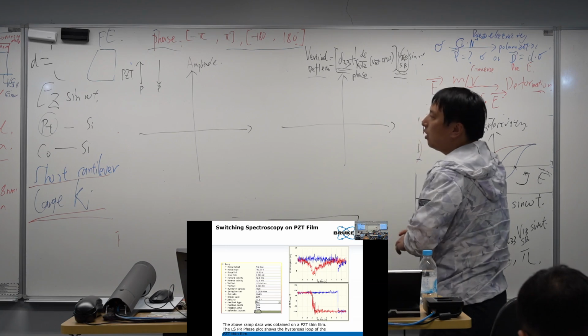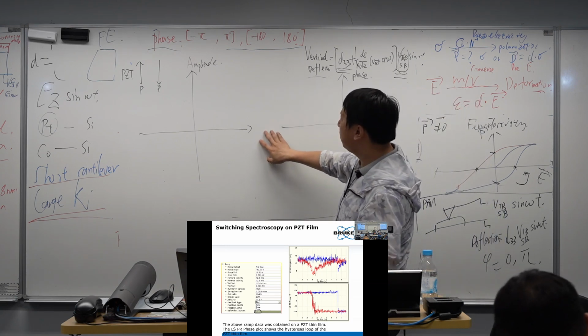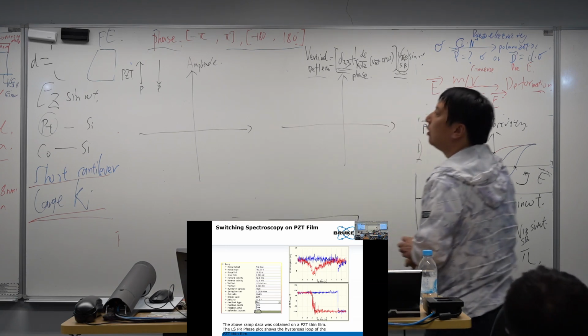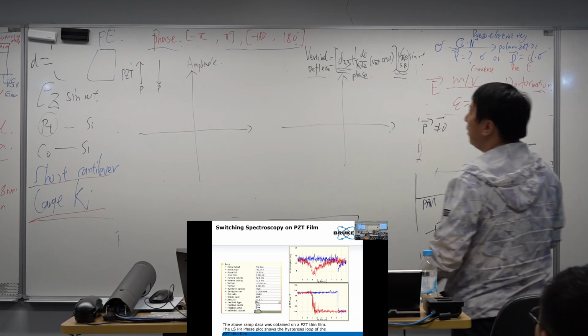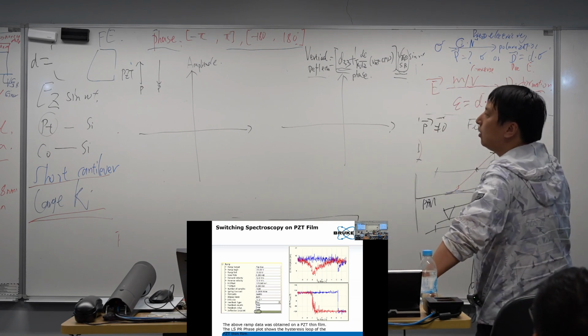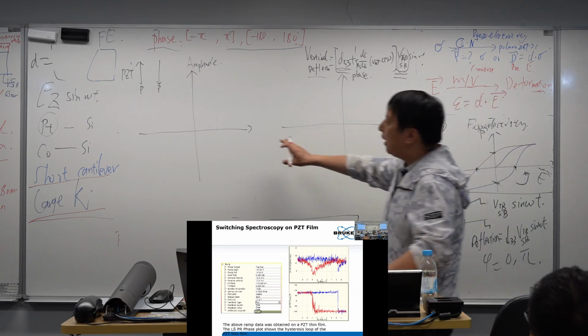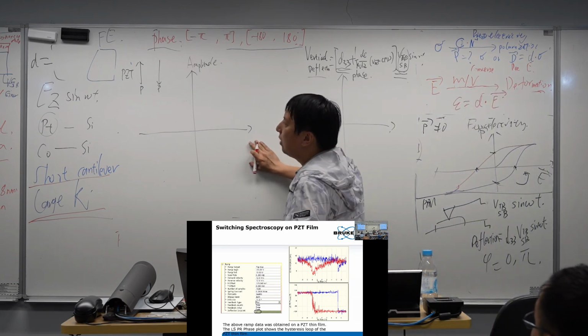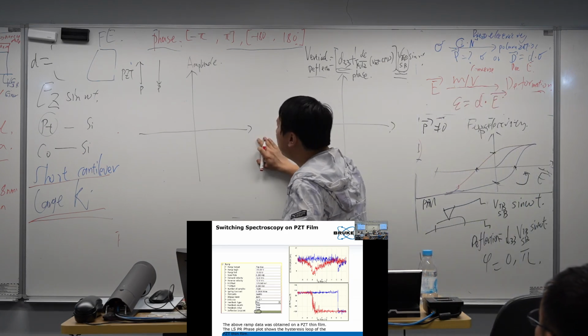And I am not applying an electric field. What I am applying is a DC voltage. I want to apply a DC electric field.